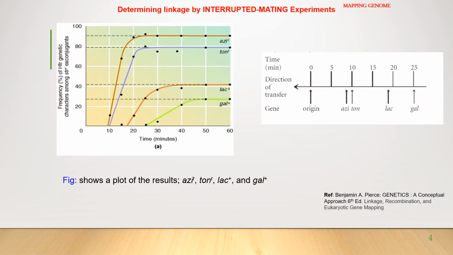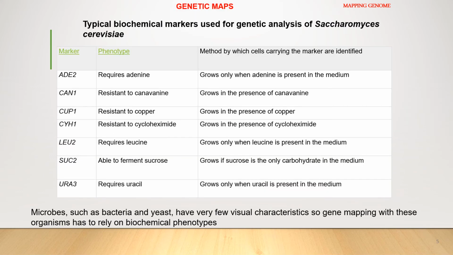The figure here shows the graph plotted for the percentage of streptomycin-resistant, leucine-positive and threonine-positive cells that received specific alleles against the duration of conjugation. These are certain biochemical markers used in genetic analysis of the yeast genome.